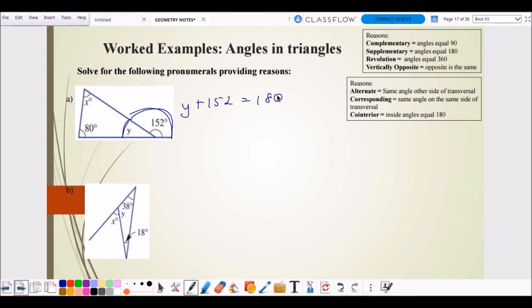I'm going to use supplementary as a way to prove what the angle is. So that's plus 152, get rid of it, becomes minus 152. Therefore, y equals 28. So that means that angle y equals 28, and the reason I use will be supplementary.